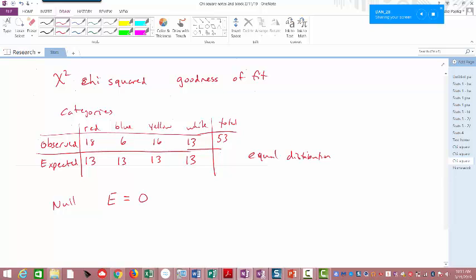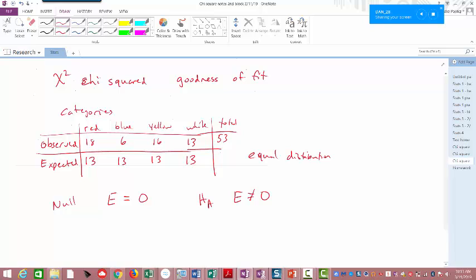That your expected is going to equal your observed. And your alternative hypothesis is just simply they're not equal to each other. Notice we don't have a mu because this isn't an average.